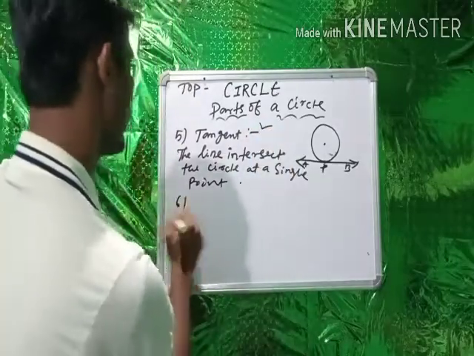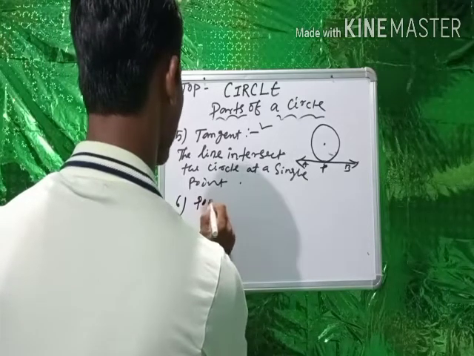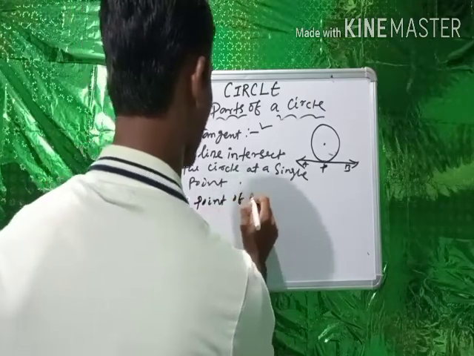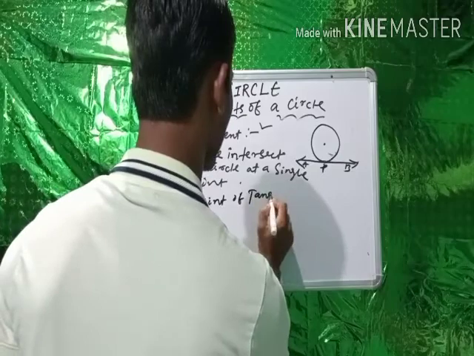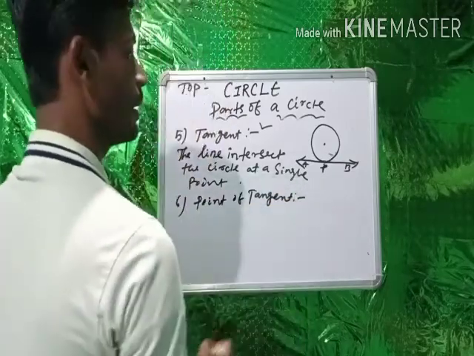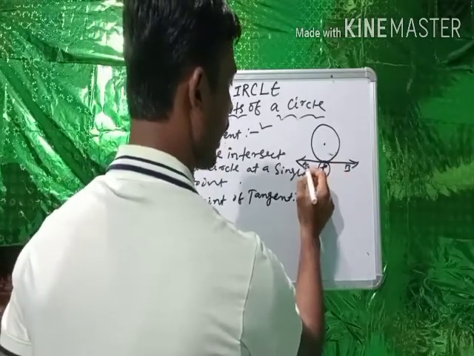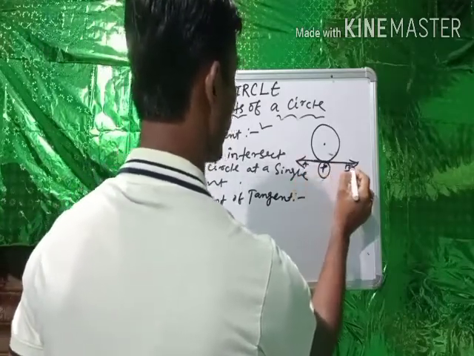Now the sixth point, the point of tangent. Here look at the same diagram. P is the point where the tangent passes through.